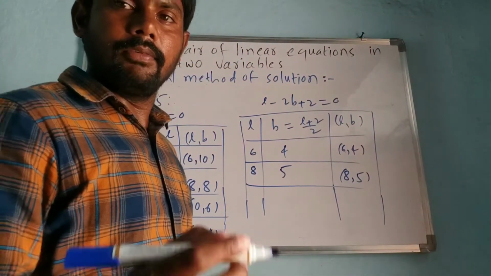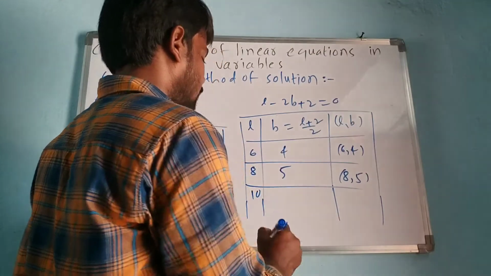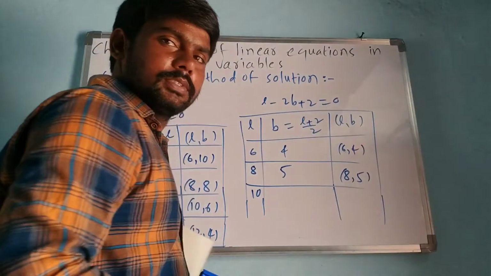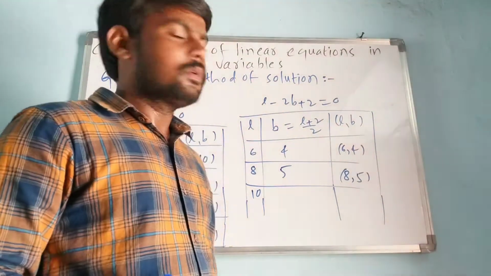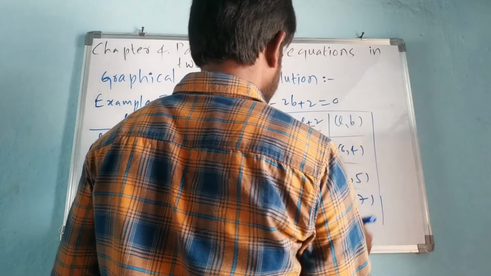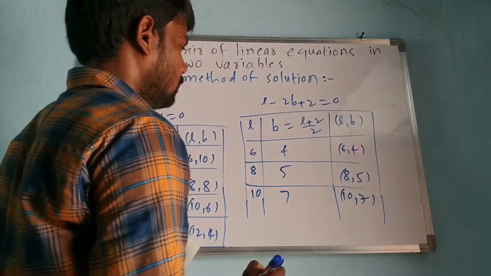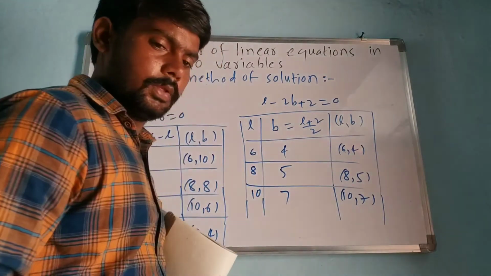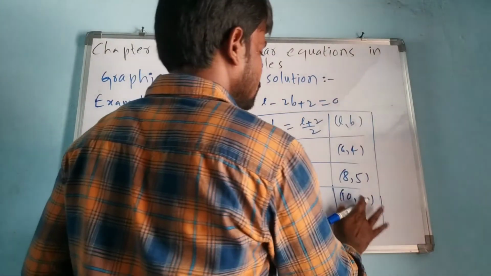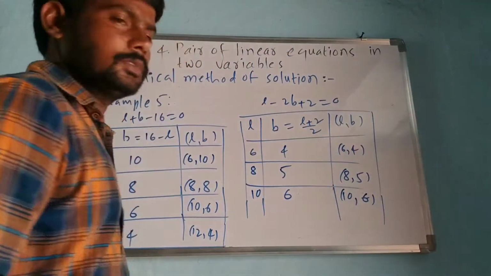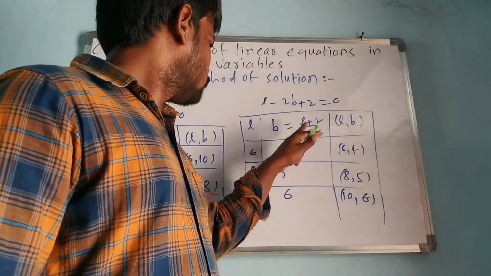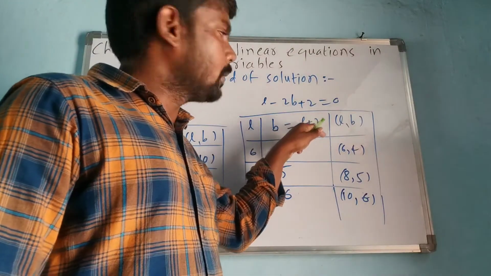And similarly take L value as 10. If L is 10, so that is 10 plus 2, 12.